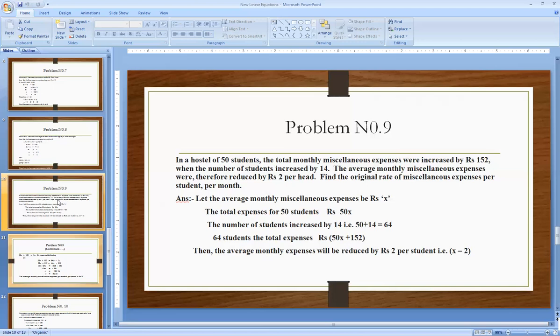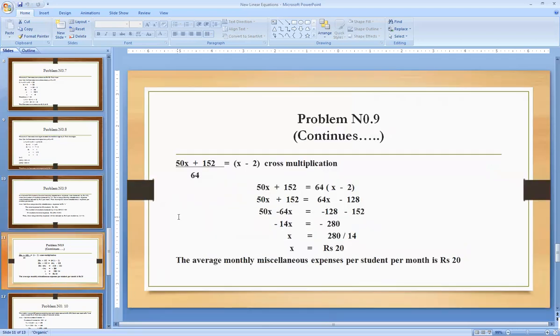Therefore, the average monthly expenses will be reduced by rupees 2 per student. For each student we are assuming it as x, so if it is reduced, it will become x minus 2. Let us see the monthly expenses of the 64 students.